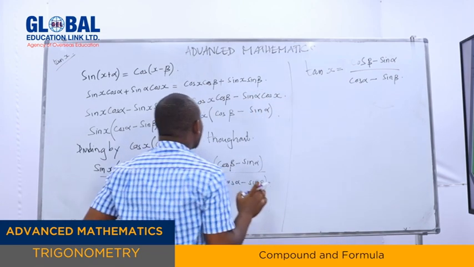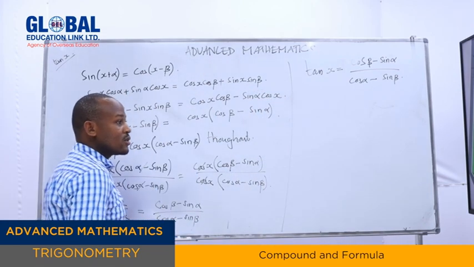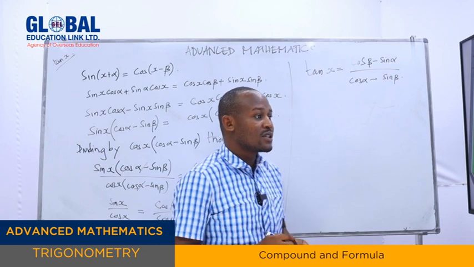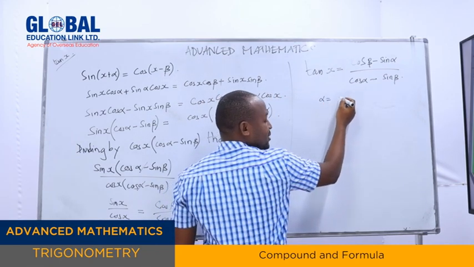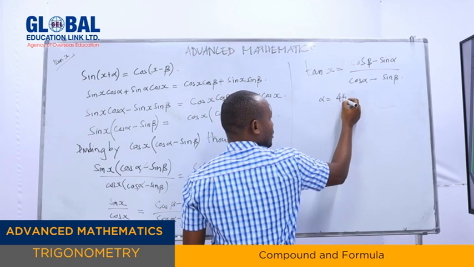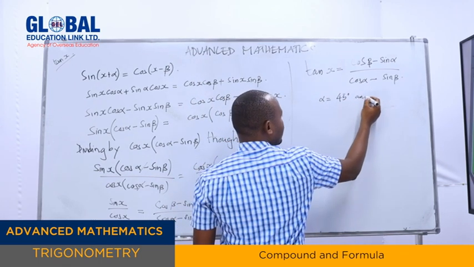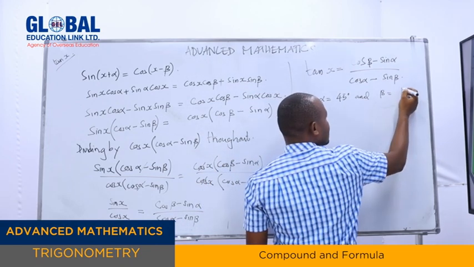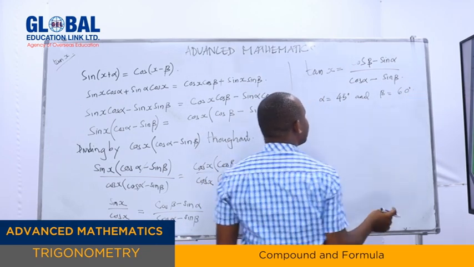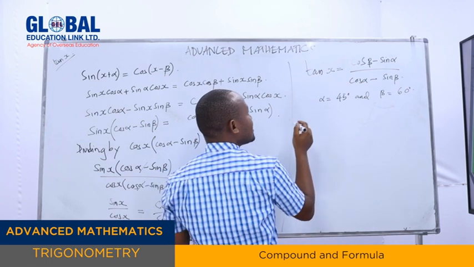But remember, in the question we are told that alpha is equal to 45 degrees and beta equals 60 degrees.